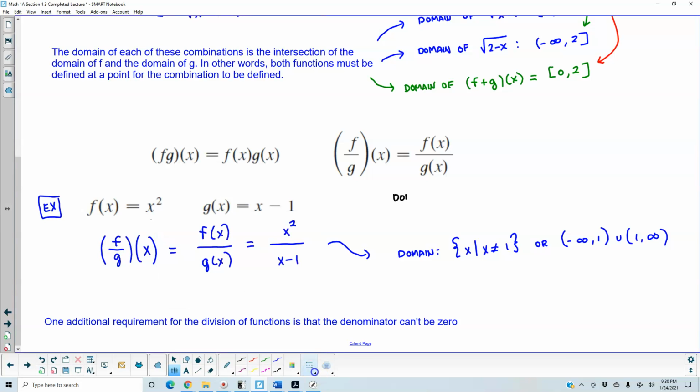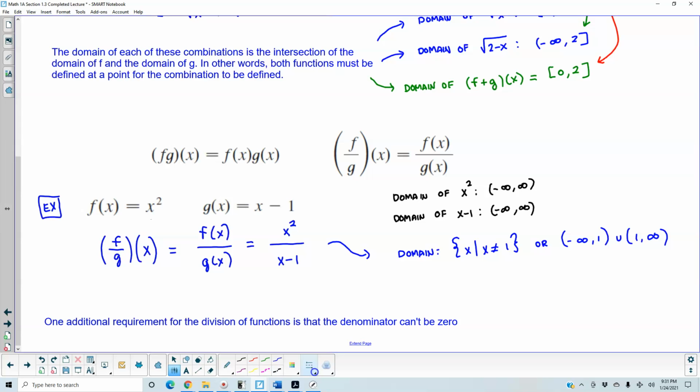So we know that the domain of x squared is all real numbers. And then we know that the domain of x minus 1 is all real numbers.